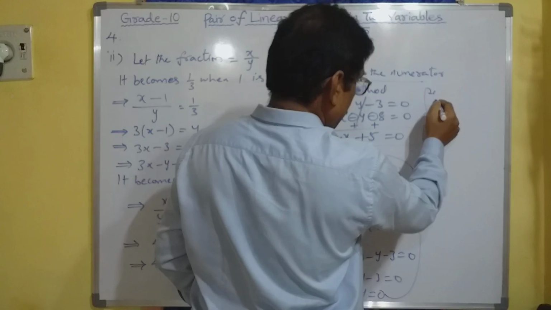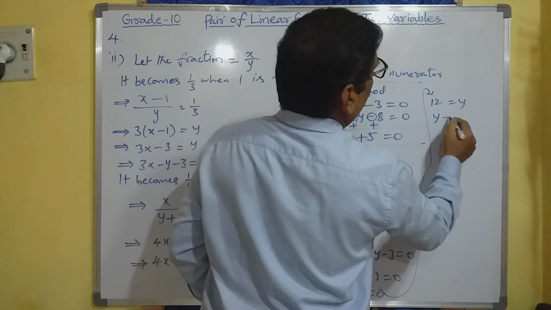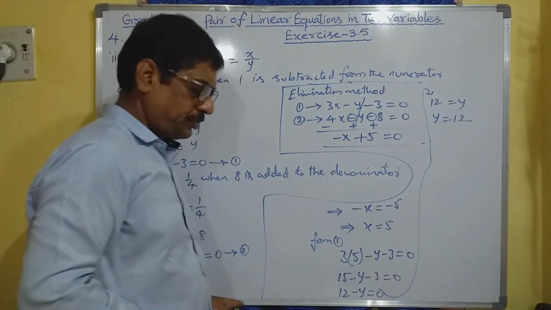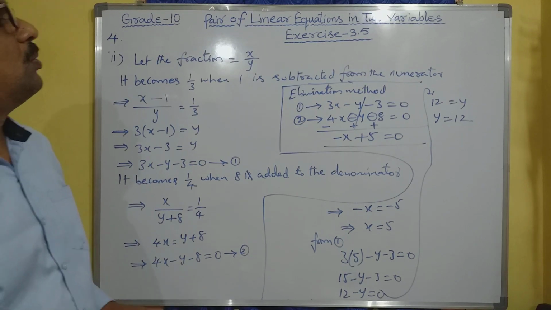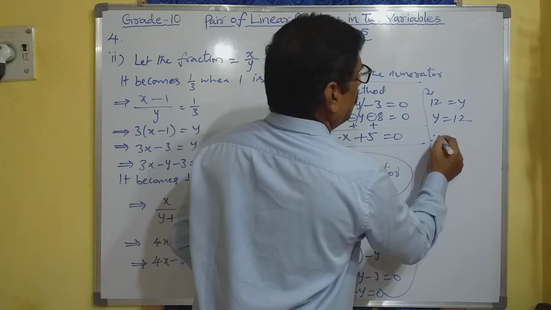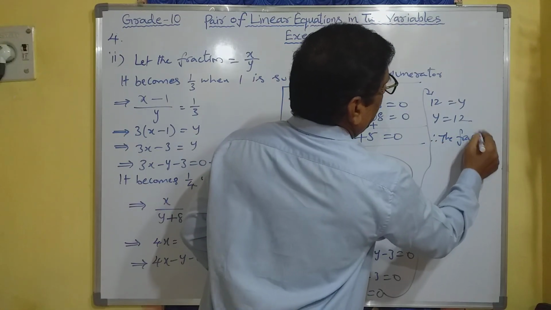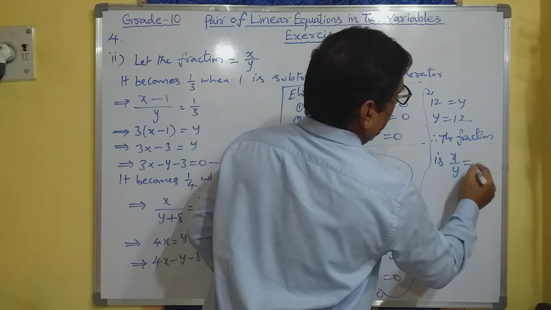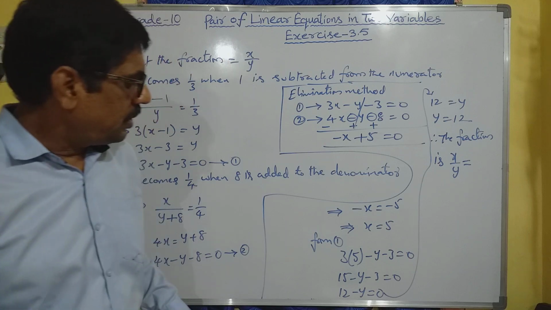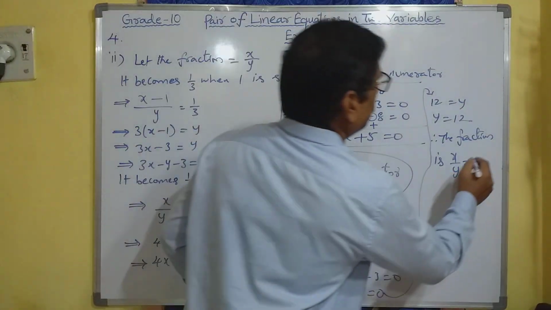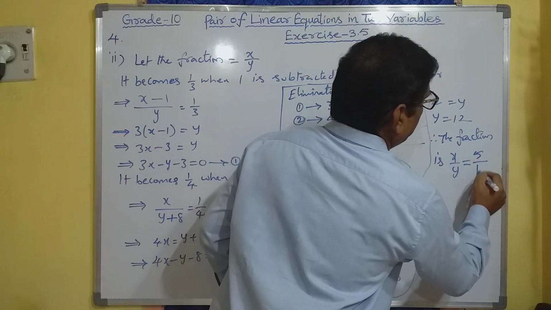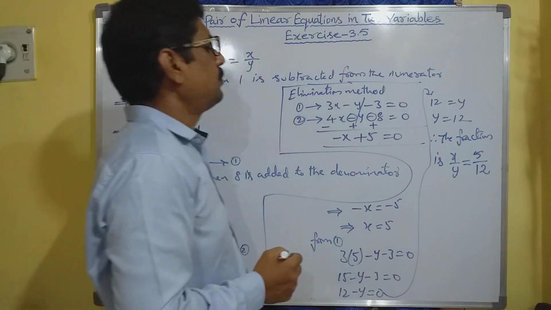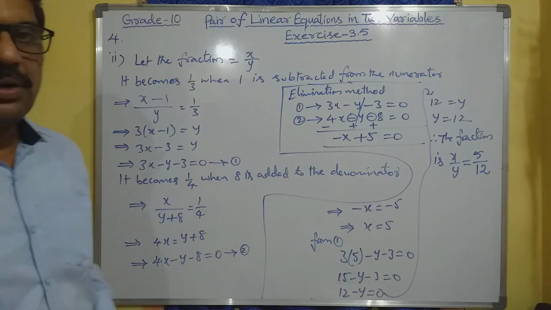Then 12 is equal to y. y is equal to 12. Now, therefore, the fraction is x by y. What are x and y? Here the x value is 5 and the y value is 12. Okay, we get the answer.